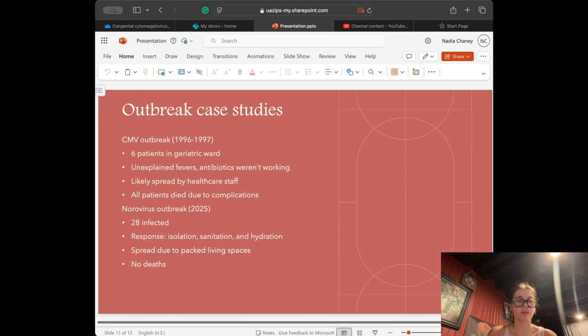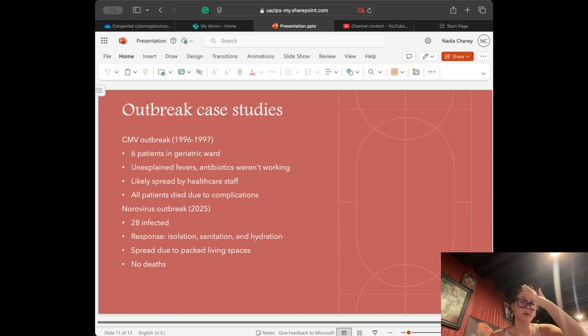And then once they finally figured it out, it was too late. 6 of the patients did actually have CMV. The other 4 didn't. They don't know what their fever was from. It was likely spread by some of the healthcare staff, and all the patients died due to complications. They were old, but they weren't quite at that point yet. The CMV pushed them over the edge.